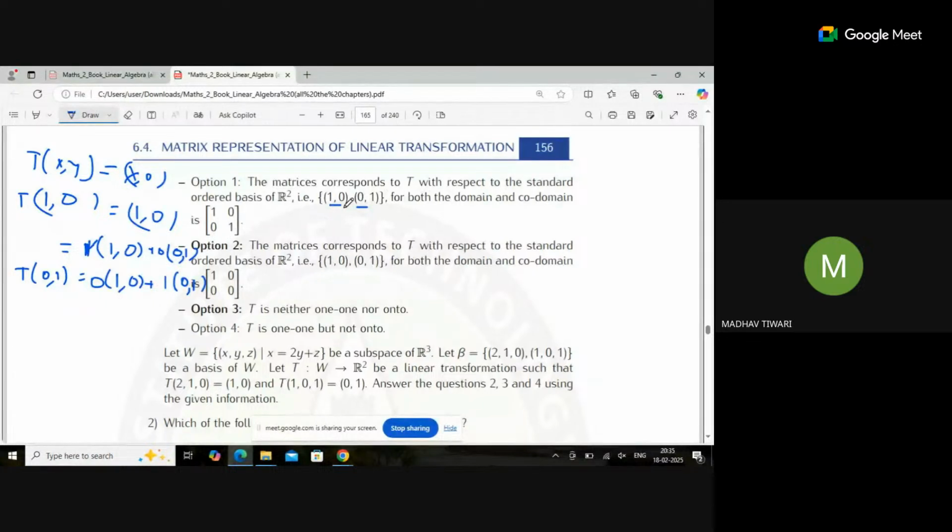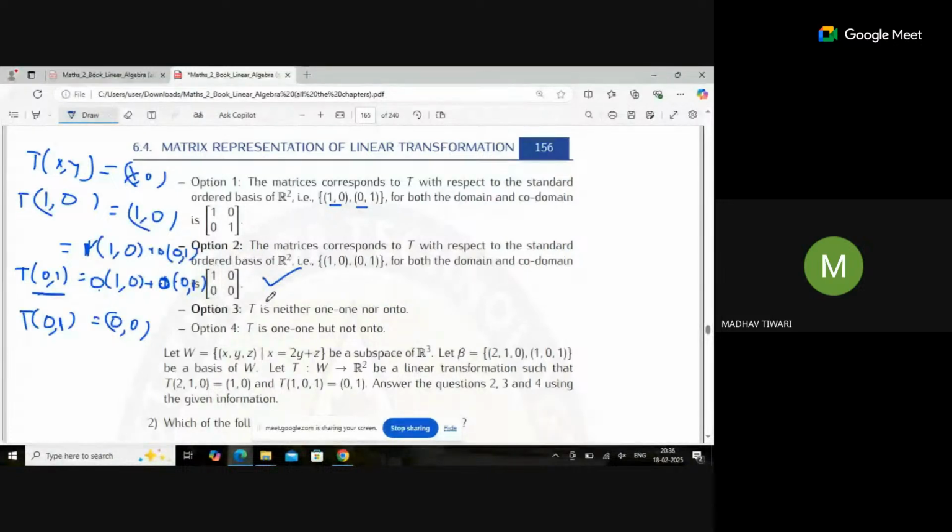It will be mapped to (0, 0), since both components are zero. That's why option 2 is correct.